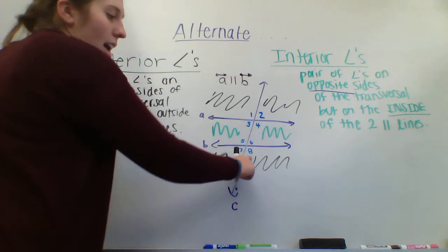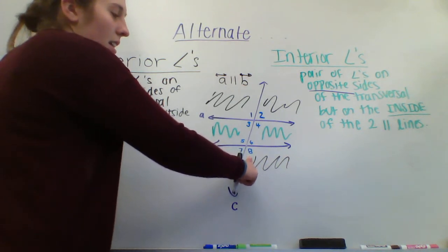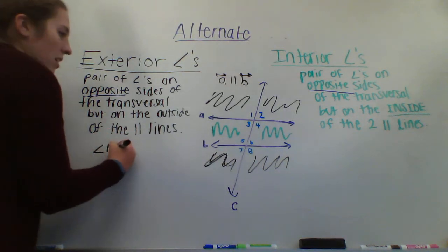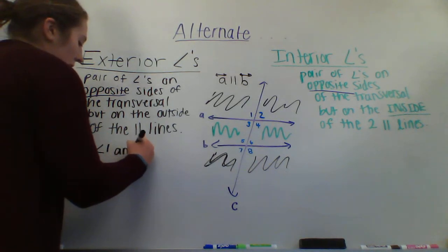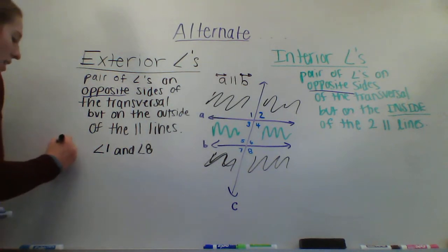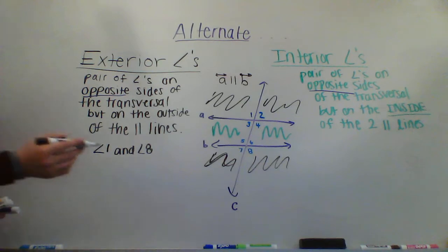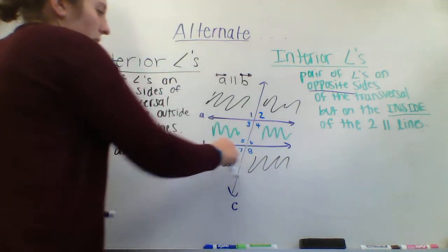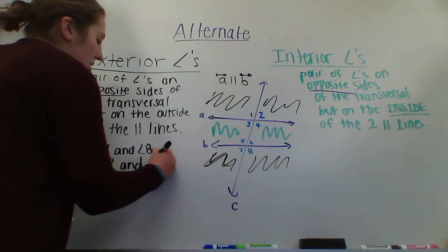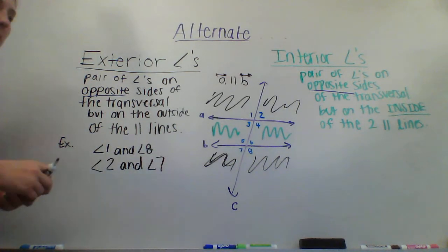If I go down here, 8 is on the outside, and it's on the right side of the transversal. So, angle 1 and angle 8 are an example of alternate exterior angles. And if you look over here, we have 2 and we have 7. So angles 2 and 7 are alternate exterior angles.